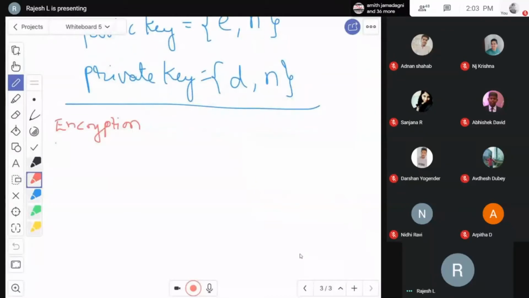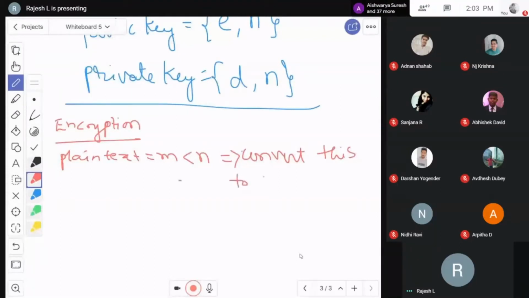So consider a plain text m, which is always less than n, and you have to convert this to a cipher text.